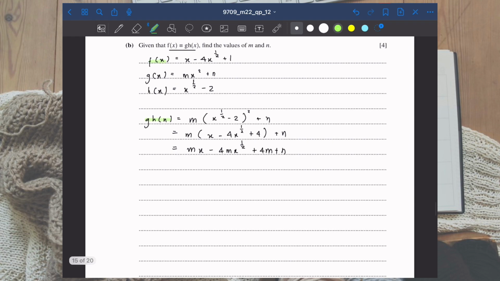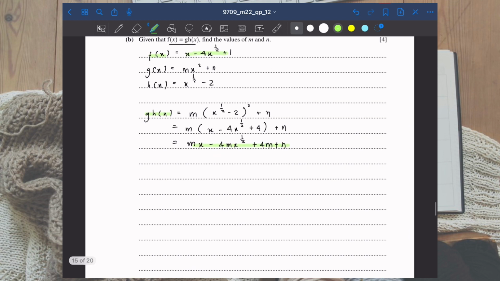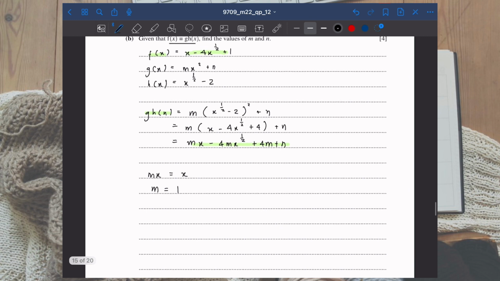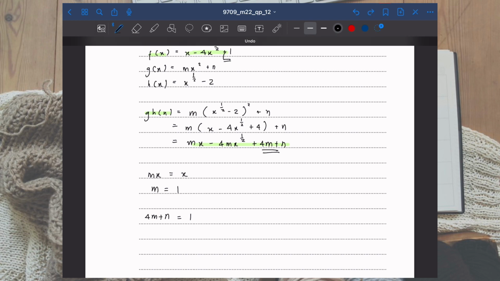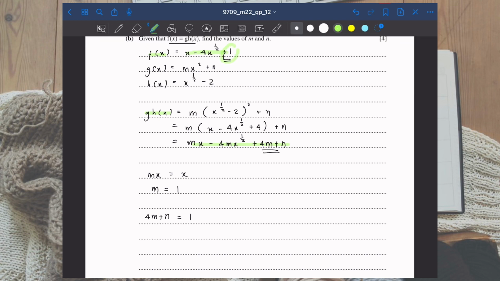So if you see that the equation looks similar to f of x, so our mx is equal to x, our m will just be 1. And our 4m plus n will equal to 1, because it's the same here and here.